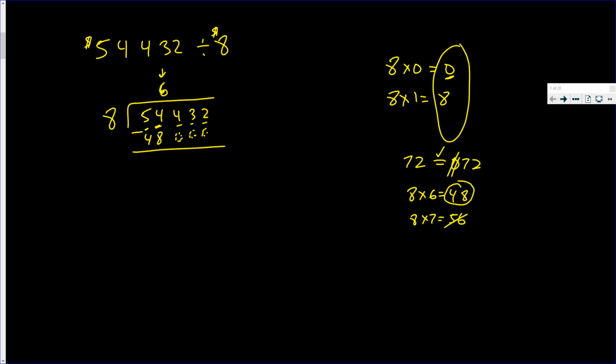So we subtract, we get 6. 4 minus 0 is 4, or bring down the 4. Now whether you write the 3, the 2 or not, they're really there. Okay. Now 8 times 8 is 64, which is the number we have. Well, that's the hundreds position. 800 times 8 is 6,400.